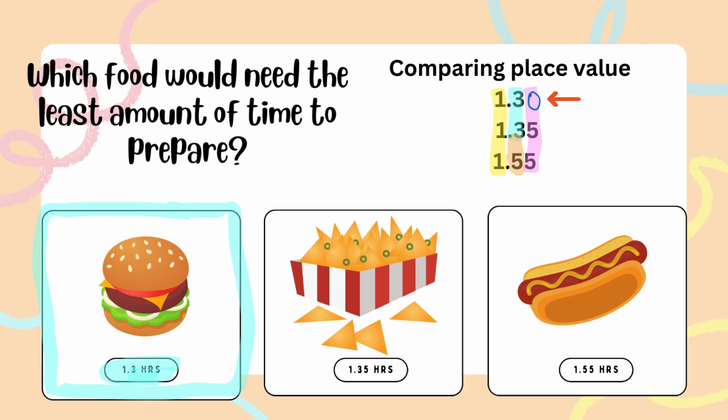So now I've narrowed my answer down to which one takes the least amount of time, 1.3 and 1.35. But I know that there would be a 0 in the hundredths place of that 1.3. If I compare them, I'm going to look at 0 and 5. 0 would be the smaller number, because remember, I'm looking for the least. Which one needs the least amount of time?